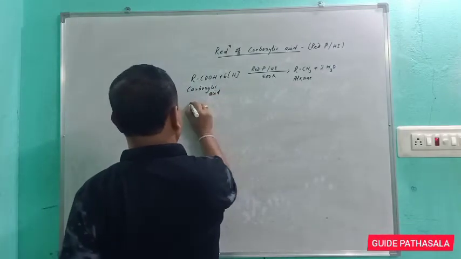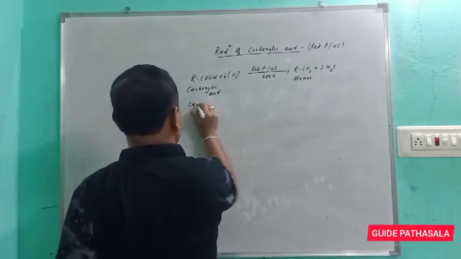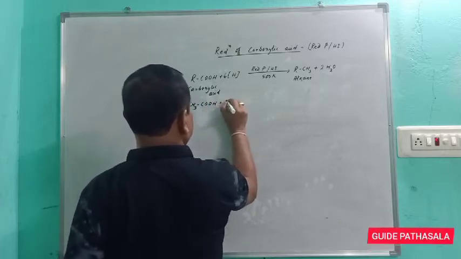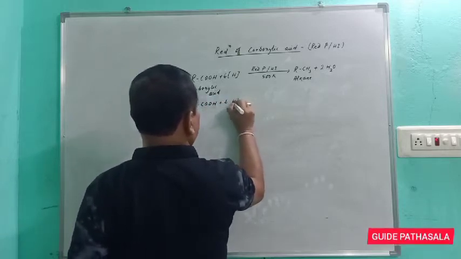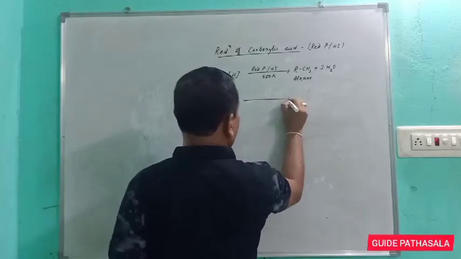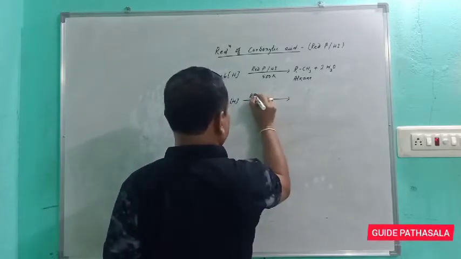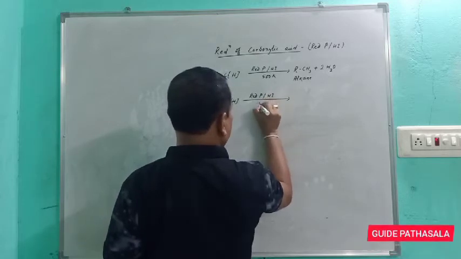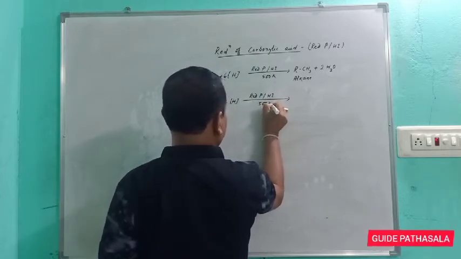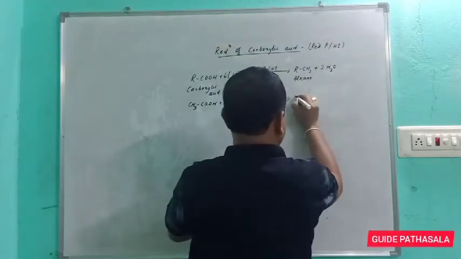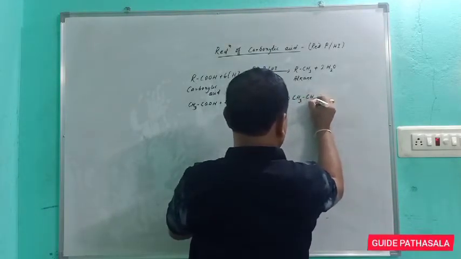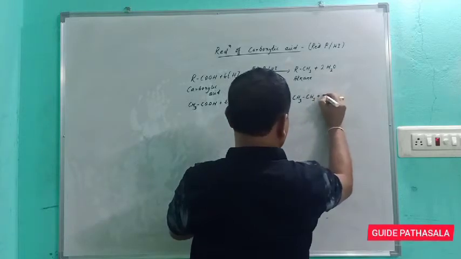If you take acetic acid, the formula for acetic acid is CH3COOH. When acetic acid is reduced in presence of red phosphorus and HI at 500 Kelvin, then CH3-CH3, ethane, is formed, plus 2 molecules of water.